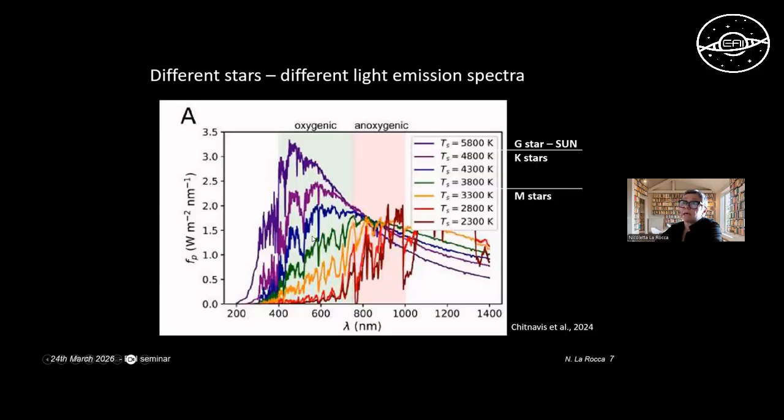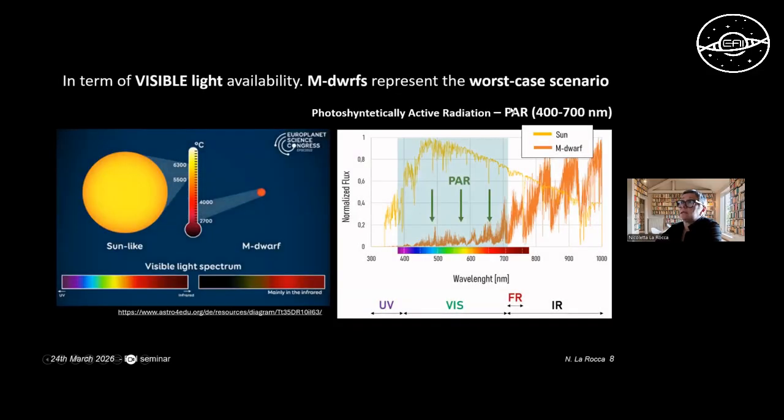The M-type stars represent the worst-case scenario, as they generate very dim light in the visible part of the spectrum, while being enriched in infrared and near-infrared photons.